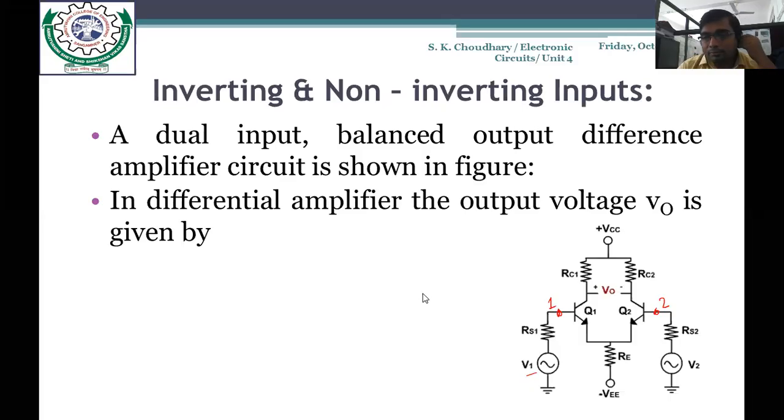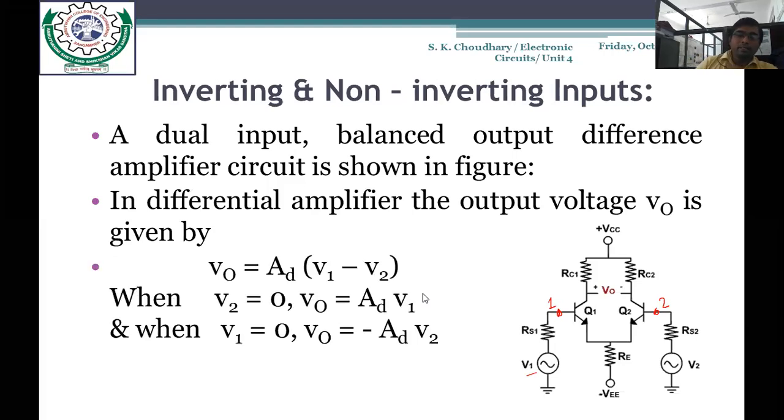Now you can see in this differential amplifier, we know the formula of output voltage, that is V0 is equal to AD into V1 minus V2, or in combined form we write VID, the differential input. So when you substitute V2 is equal to 0, your V0 becomes AD V1. When you substitute V1 is equal to 0, your output voltage becomes minus AD V2.